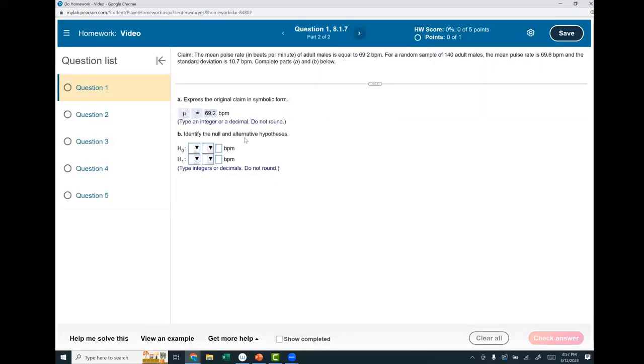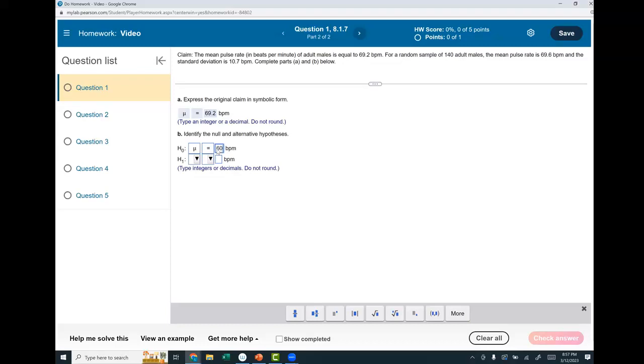Identify the null and alternative hypotheses. Well, the null is always the equal, so we don't have to really think too hard about it. It's equal to 69.2. Now, because the claim is that it's equal, then the opposite would be that it's not equal. So we would say mu is not equal to 69.2.